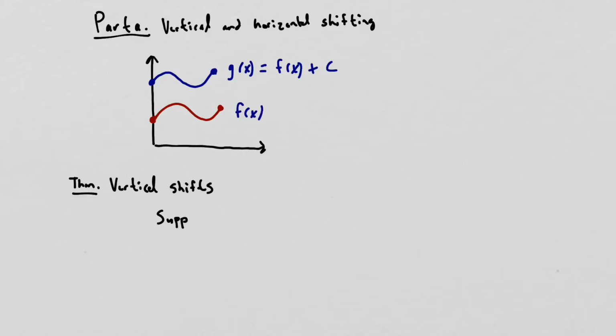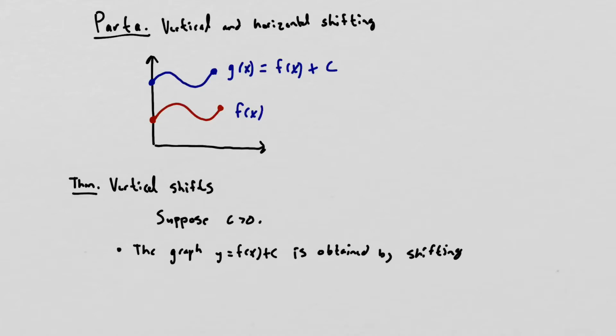Suppose that we have some constant c that's always greater than 0, and then there's two things that can occur. First, the graph of the function y is equal to f of x plus c is going to be obtained by shifting the graph of y is equal to f of x upward by c units.